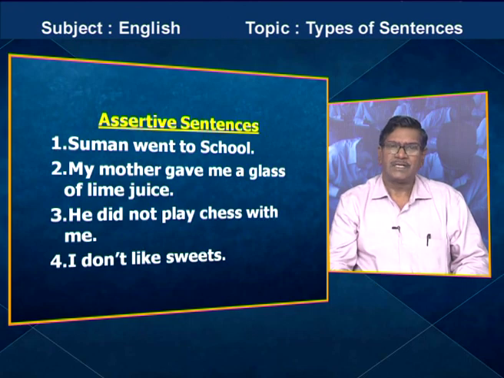But assertive sentences and imperative sentences, they end with only full stop. Okay? And now, let us sum up assertive sentences. Someone went to school, my mother gave me a glass of lime juice, he did not play chess with me, I do not like sweets. The first 2 affirmative sentences, 3rd and 4th, they are negative sentences.